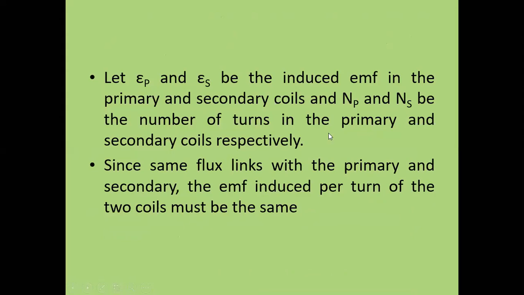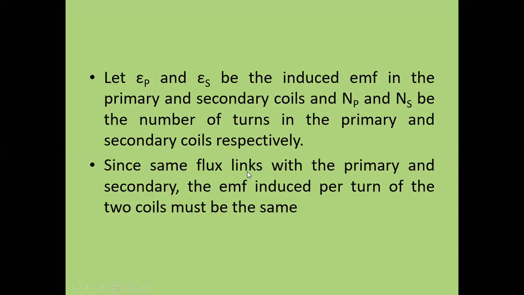Now here, let epsilon P and epsilon S be the induced EMF in the primary and the secondary coil. So the EMF in the primary is what? Epsilon P. EMF in the secondary is epsilon S. Okay. Number of turns in the primary is NP and number of turns in the secondary is NS.